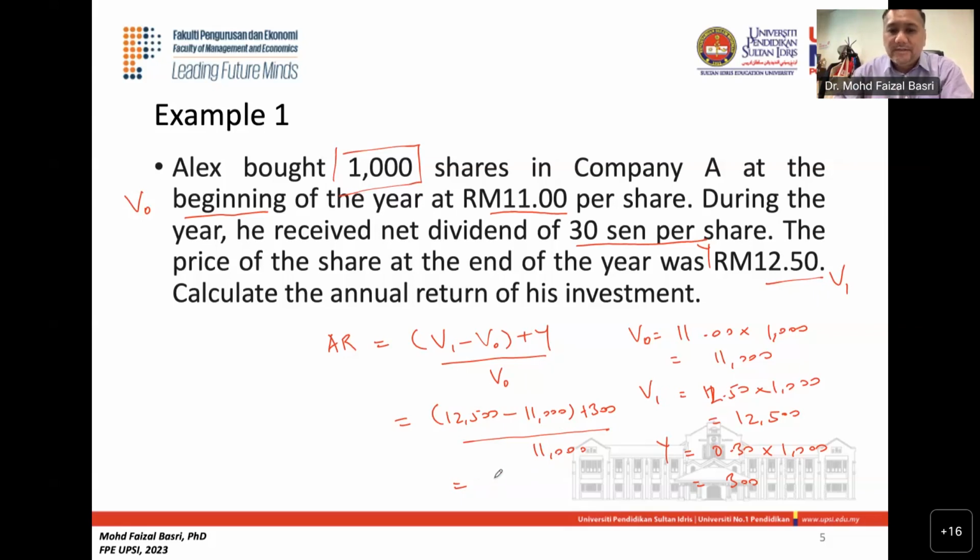So it equates to 16.36%. Okay, 16.36%, and that is the annual return of the investment for Alex. So that's how we measure the annual return for the investment.